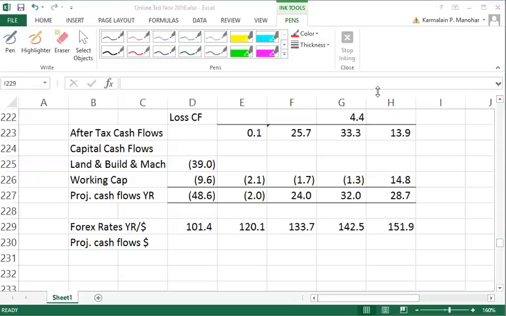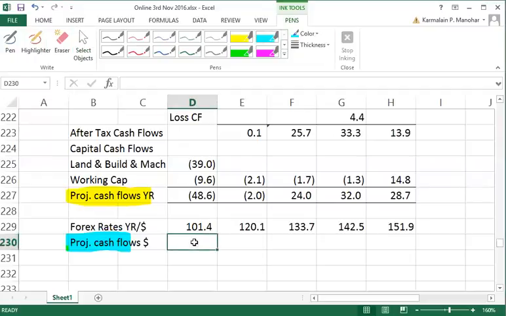Great. So we were saying that instead of calling it net cash flows there, we change it to project cash flows. So we had the cash flows from the project, firstly in YR, and now we're gonna get the project cash flows in dollars by doing once more multiplication or division. Can somebody remind me? Multiplication or division?